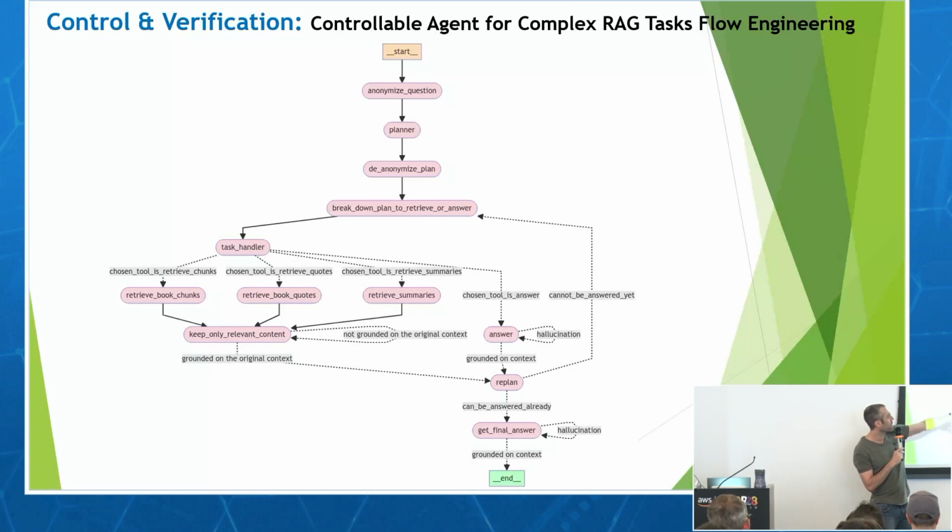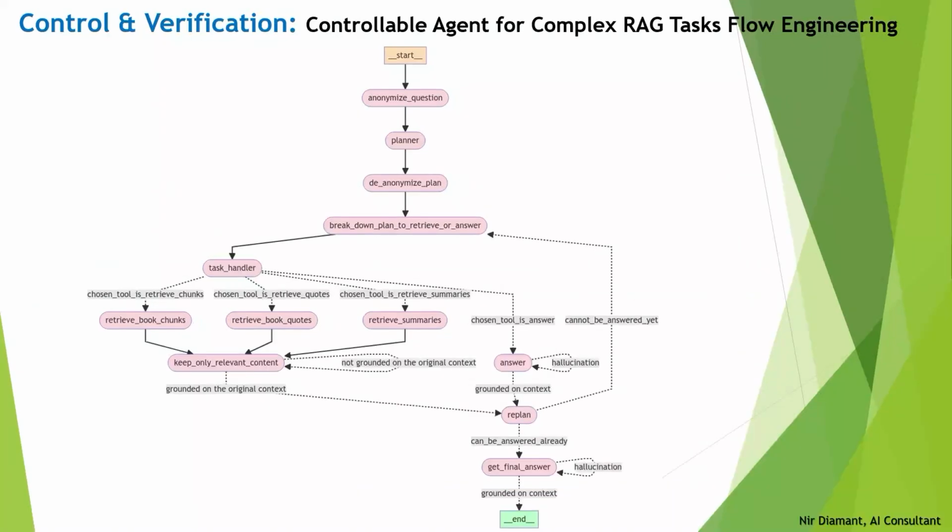And if it uses the answer tool, it answers some intermediate question it has with the context that it has so far. It verifies it's not a hallucination and goes to the replan step from both sides.